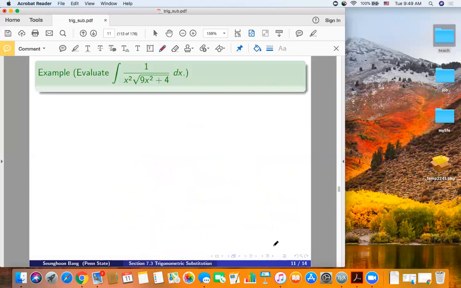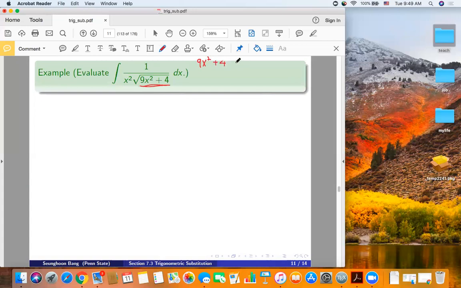Okay. The next problem. The integral of 1 over x squared times the square root of 9x squared plus 4. So what kind of things do you want to use? Here, we have the 9x squared plus 4 form.